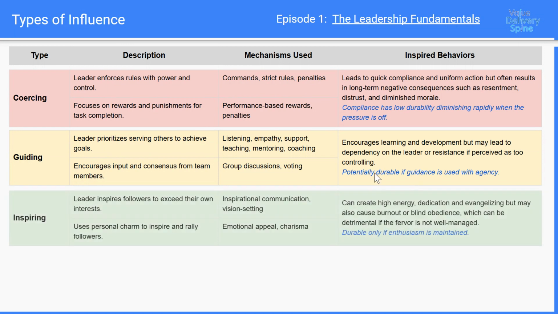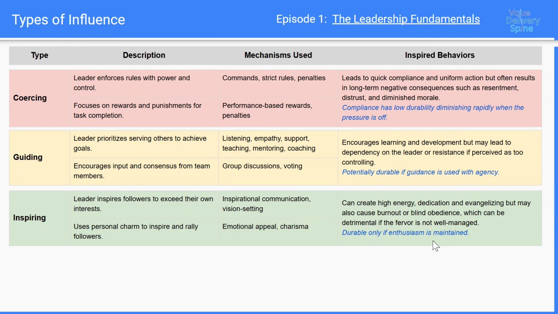So as long as it sits within the agency of that person and they have chosen to do that, guidance works well. Inspiring others is creating a vision, creating an inspirational concept, and inspiring others, perhaps charismatically or in other ways, to move in a particular direction. This is durable only if the enthusiasm is maintained.